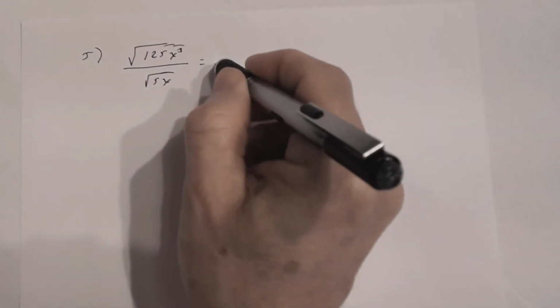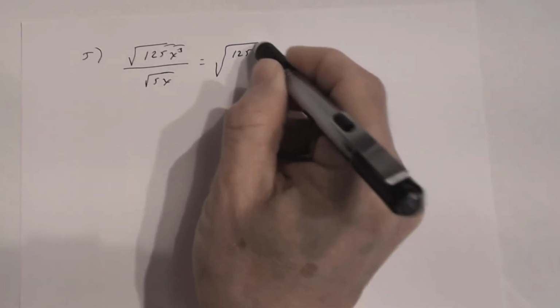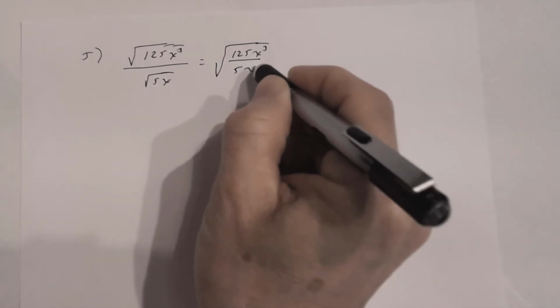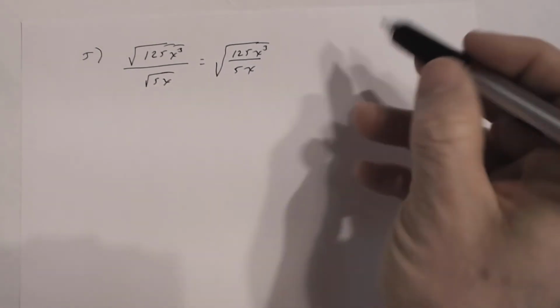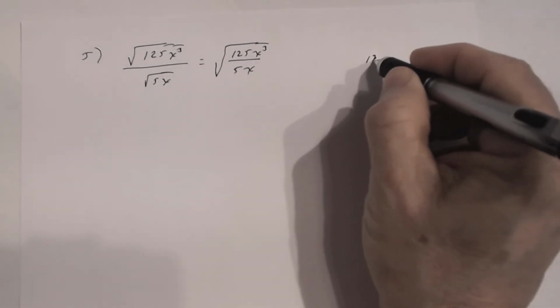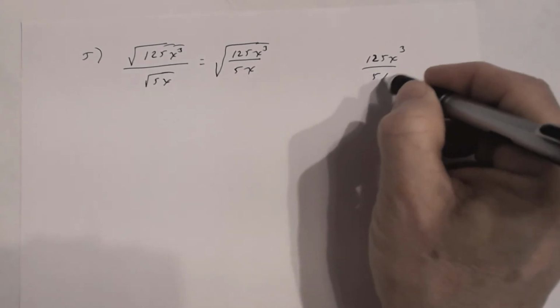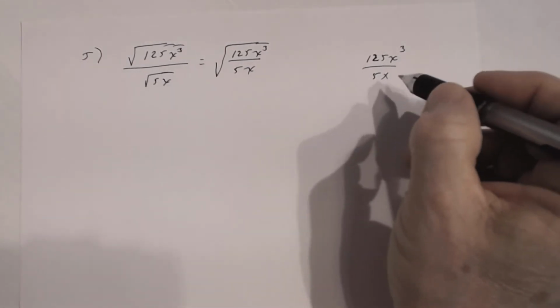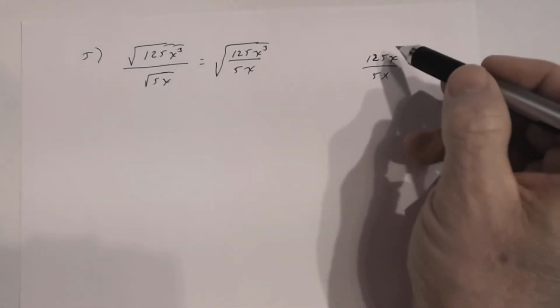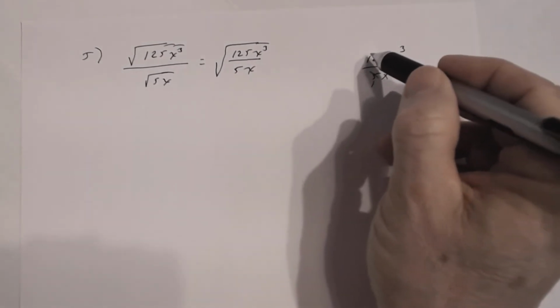So this is going to be the square root of 125x cubed divided by 5x. All right, and so I'm going to go to the side right here and rewrite the radicand, and remind you about something from the previous topic where you simplified rational expressions. So 5 into 5 is 1, and then 5 into 125.